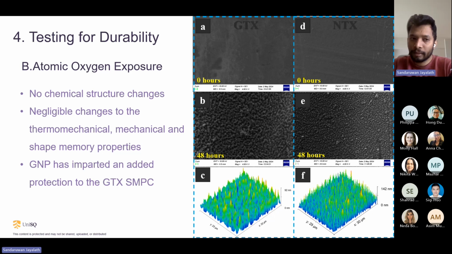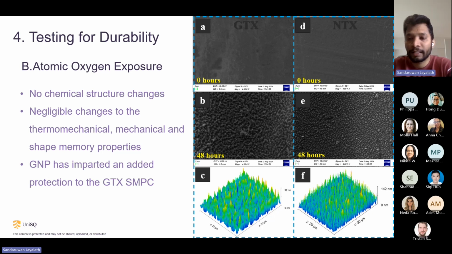The erosion was common for both materials, but less erosion could be found with the graphene nanoplatelets. That makes it a much better candidate for an application, because it has less degradation when it comes to atomic oxygen exposure, which makes it a good candidate for LEO applications and structures.